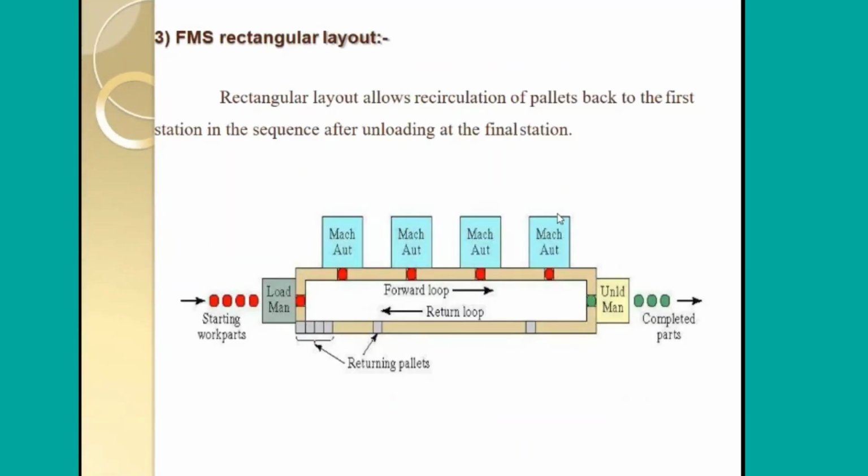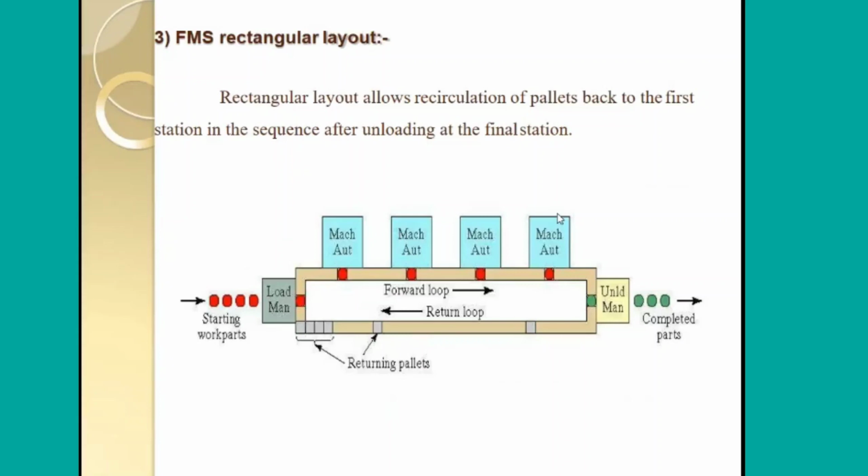And the third one is rectangular layout. It is similar to the loop layout, but the loading and unloading stations are separate. So loading at the left side, unloading at the right side. If any of the part is not completed, then it will move on to the loop again by using the return loop.